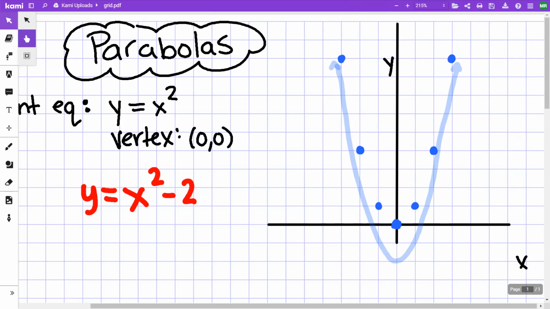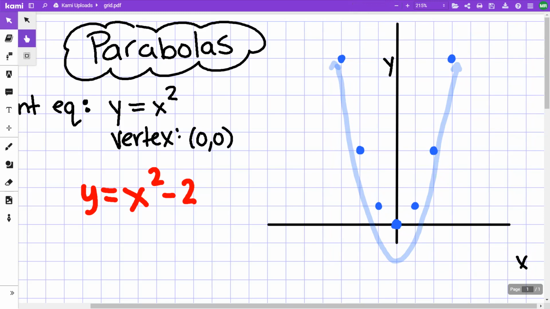When I go 1 away is 1. When I go from my vertex 2 squared is 1, 2, 3, 4. When I go 3, 1, 2, 3. 3 squared is 1, 2, 3, 4, 5, 6, 7, 8, 9.